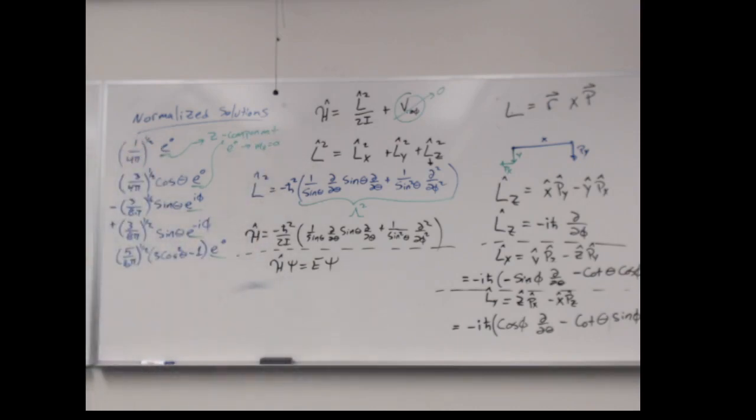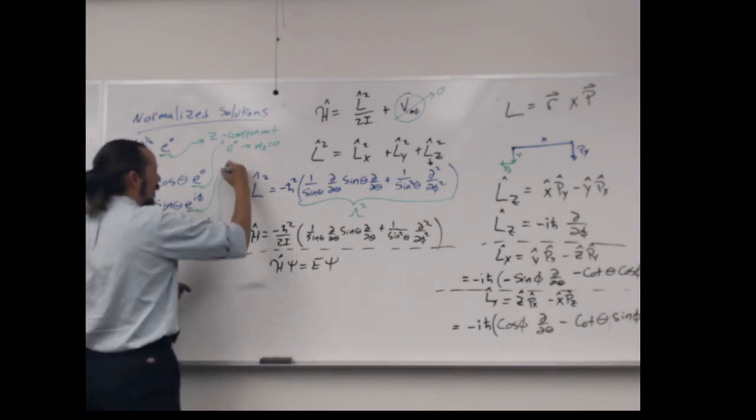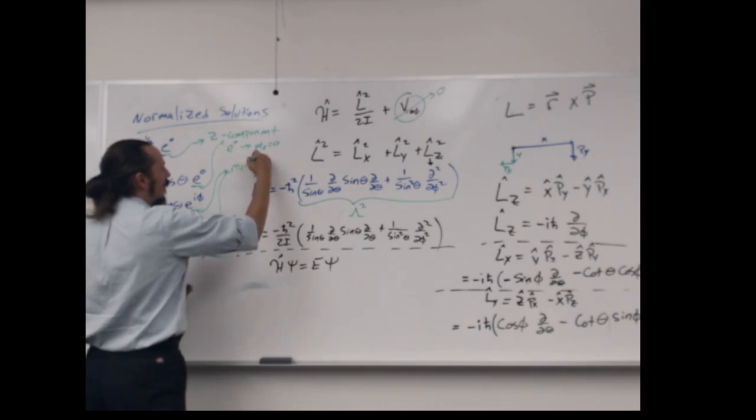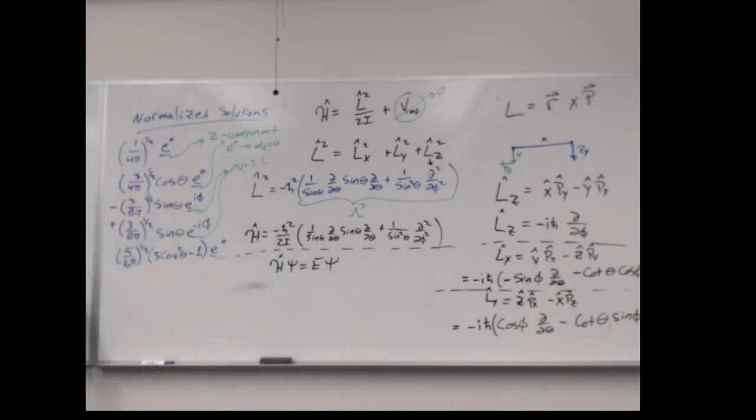We've got a bunch of those. Here, that's going to correspond to the m sub L equals plus or minus 1. The plus 1 is the positive, the minus 1 is the negative, right? We've got those z components in there as well.